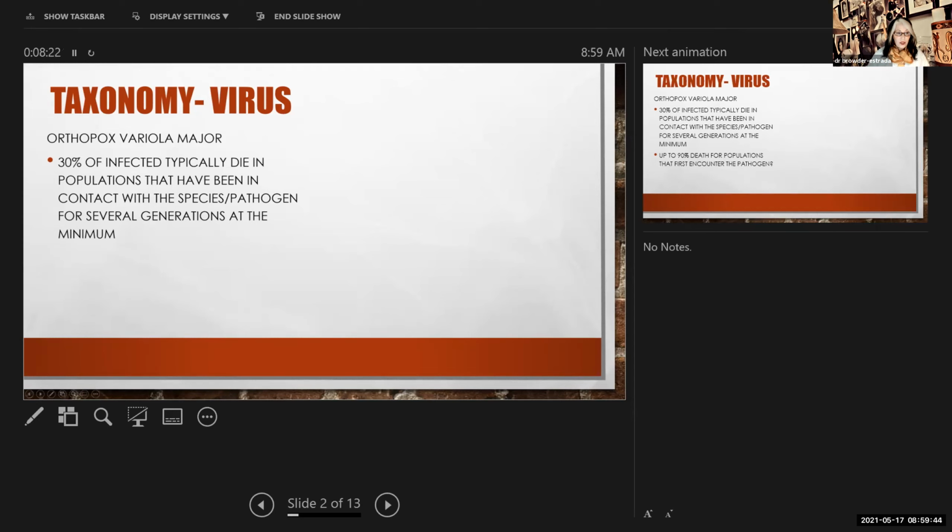And this 30% level is what we see in populations that have been in contact with the species or that pathogen for multiple generations at the minimum.